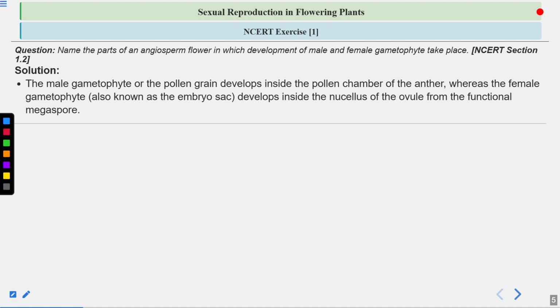We have seen in our theory classes how it forms. So here you have to name the parts of the angiosperm flower in which the development of the male and female gametophytes takes place. So this is the answer to that question. Let's move to our next question.